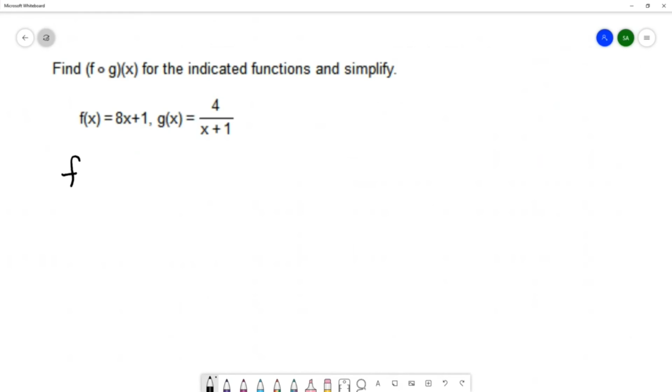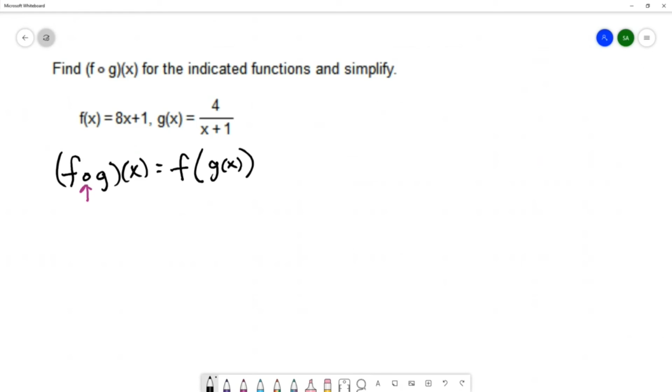So these symbols, f composed with g of x, this symbol here is an operation on functions, and that operation is substituting one of the functions inside of the other function. So what it means is that we're going to take the function that is in front of the composition symbol, that's our outside function, and the function behind the composition symbol, that's our inside function, and we're going to do that substitution.